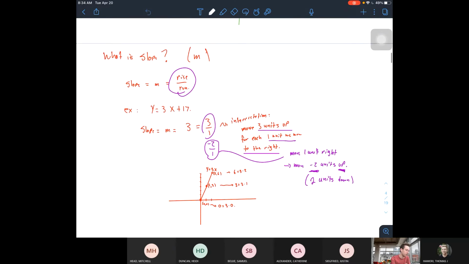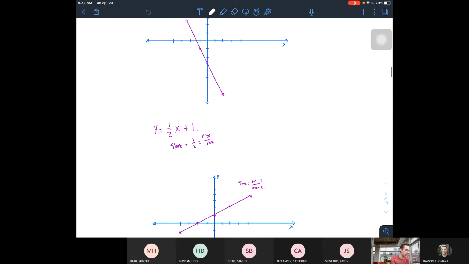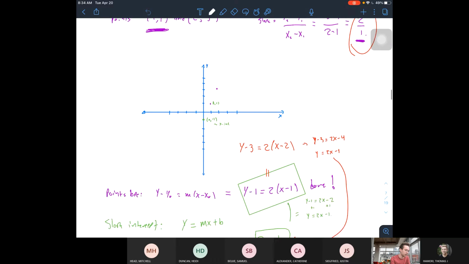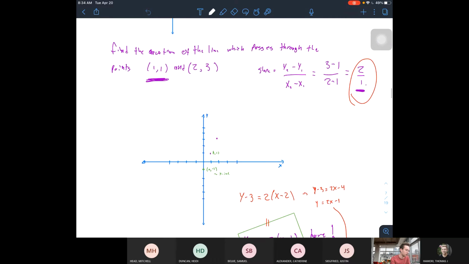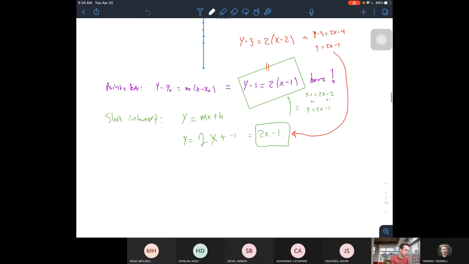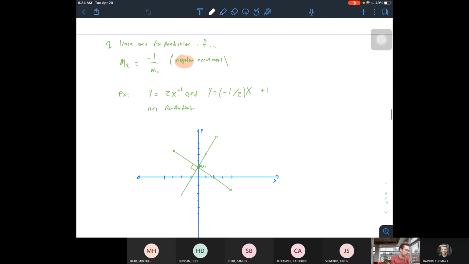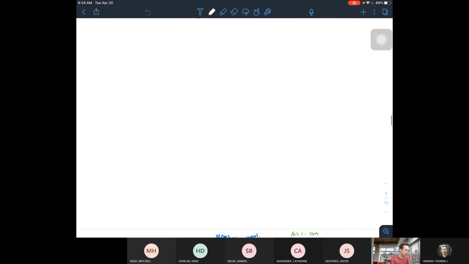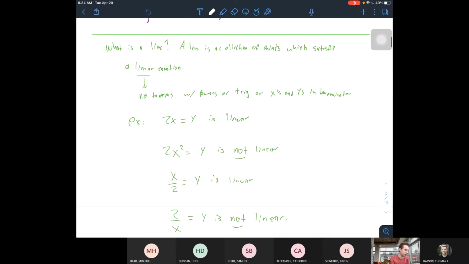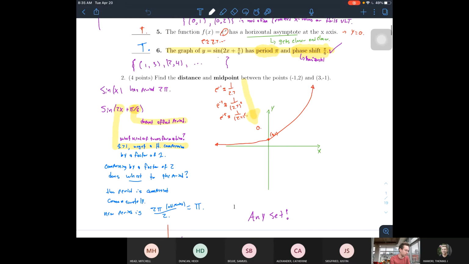I covered what is slope, what is a y-intercept, and did a ton of examples of different lines, how to graph them, and how to find the equation of the line that passes through given points and so on. I also talked about parallel lines and perpendicular lines. So everything about lines is basically in the last lecture. If you want a very comprehensive review of lines, go check that office hour session out.